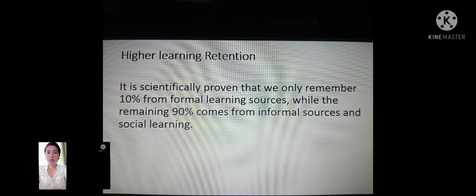By learning something directly from a person, we are able to remember it better because we remember things like voices, pitch, images, memories, or even a joke during learning that we associate with the learning content.